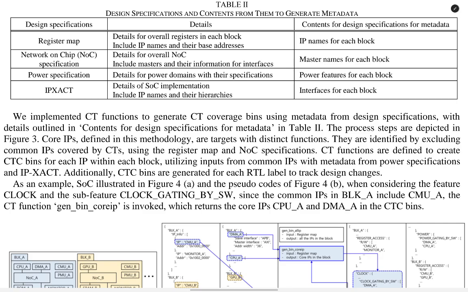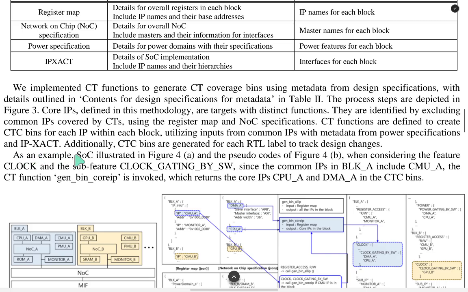So the functions are defined to create CTC bins for each IP within each block, utilizing inputs from the common IPs and metadata from the specifications and IP-XACT. Additionally, CTC bins are generated for each RTL level to track the design changes. As an example, as illustrated in Figure 4a and the pseudocode in Figure 4b, when considering the feature clock and sub-feature clock gating by software.